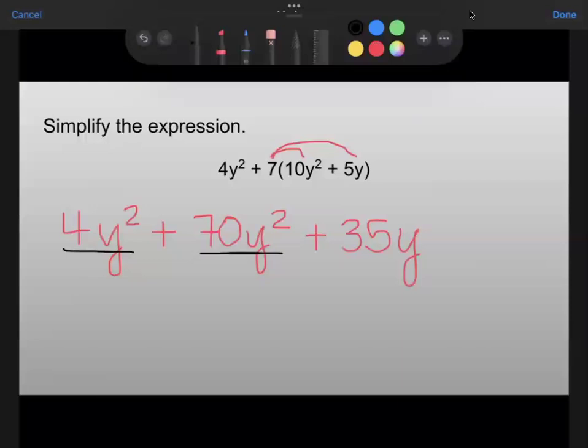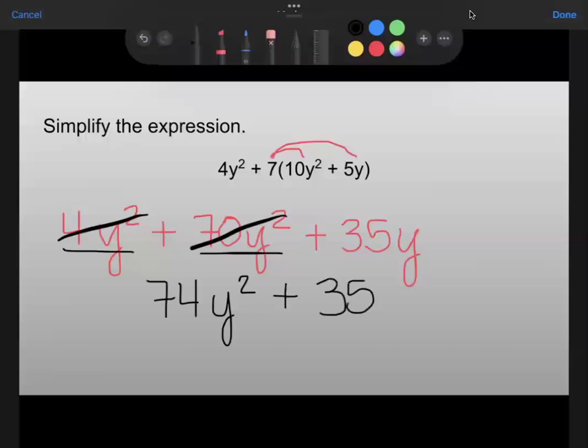So if I put 4 plus 70, I end up with 74. And then I'm going to rewrite the y to the second power. And then maybe I cross those off to show that I've already combined them. Now I cannot combine the 35y with the 74y squared, so I'm just going to go ahead and put plus 35y. So this is what our expression would look like when it's simplified.